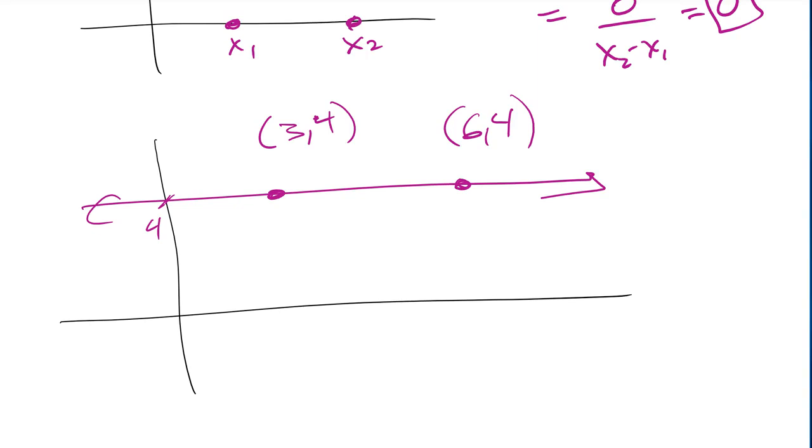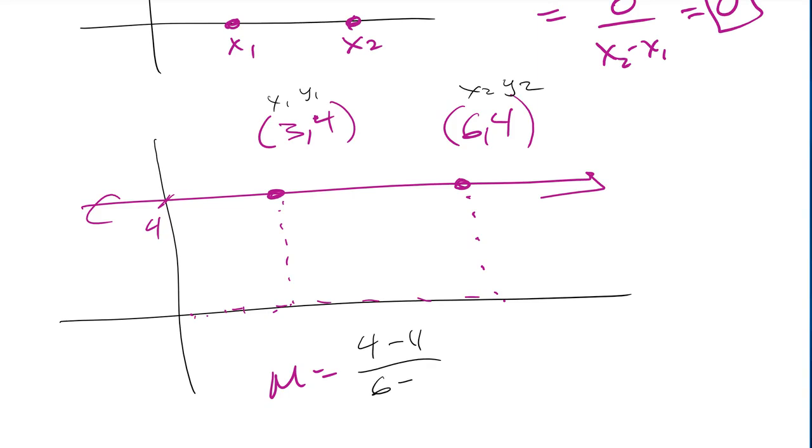So the y values are the same because as you go over and over, you're staying at the same y value. So the slope here is, let's call these x1, y1, x2, y2. So it's going to be 4 minus 4 over 6 minus 3, which is 0 over 3, which is 0. So your slope is 0. And there you have it.